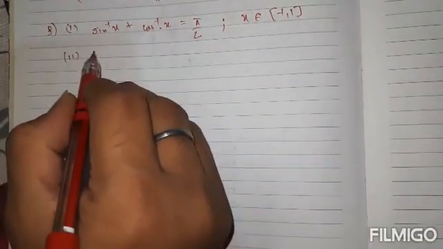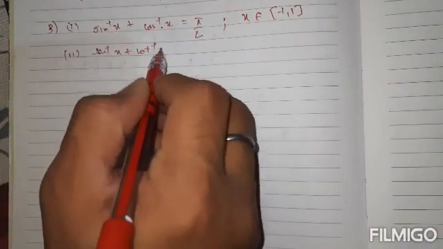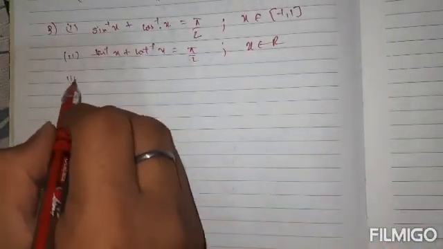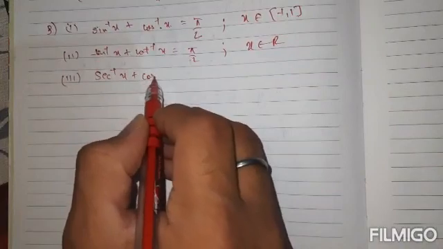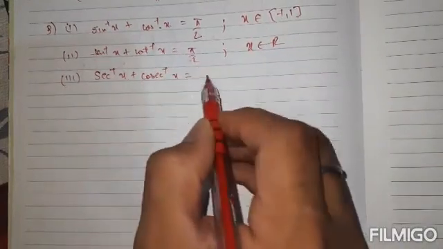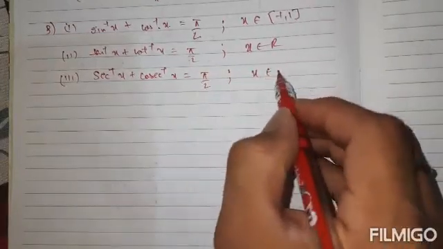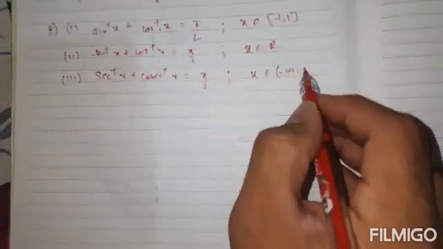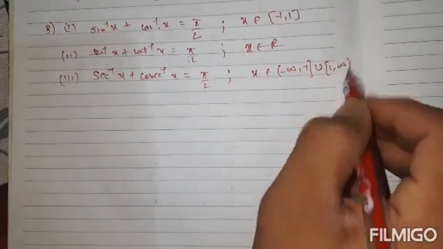Similarly, tan inverse x plus cot inverse x is also always pi by 2 for x belonging to R. Then the third one is sec inverse x plus cosec inverse x, which is also always pi by 2 for x in their domain, that is minus infinity to minus 1 union 1 to infinity.